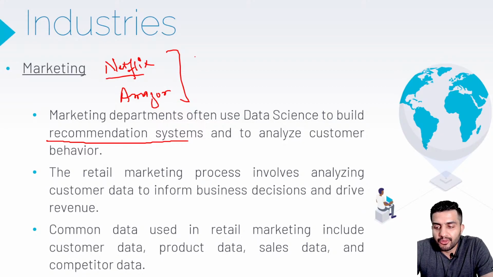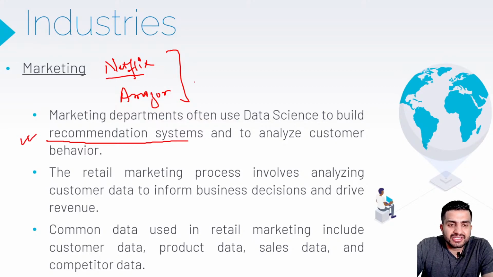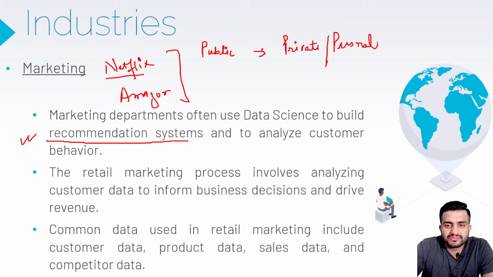Or Amazon also, the moment you start browsing something, you start getting recommendations depending on your past search history. You may like this. So all of this is pretty much part of my recommendation system. So what happens with this recommendation system is we are now going from public to private or personalized marketing.